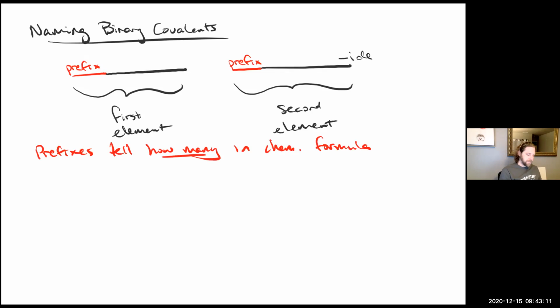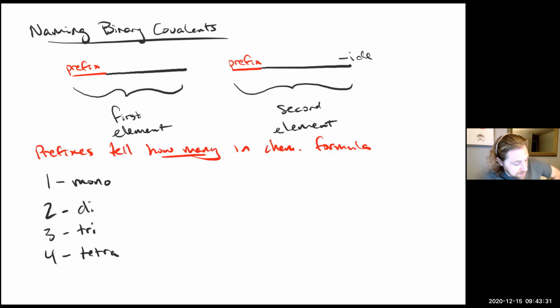So if there's a value of 1, the prefix is mono. Now, the unique thing about mono, I'll get back to it. So mono is 1, 2 is di, 3 is tri, 4 is tetra. Fun little story about tetra is that's where Tetris came from.